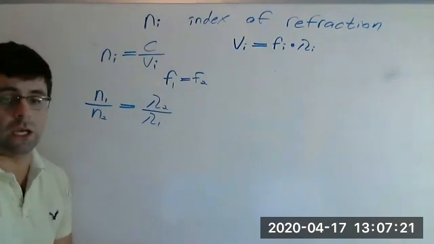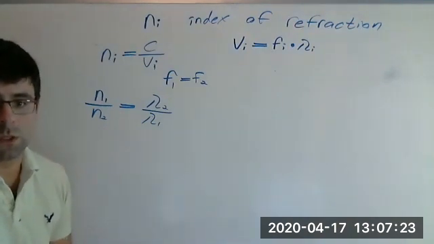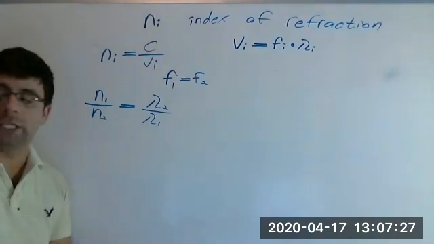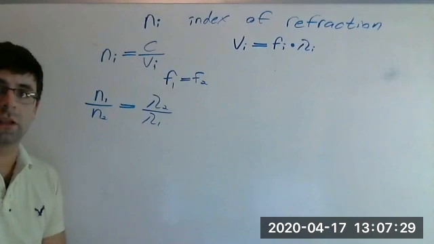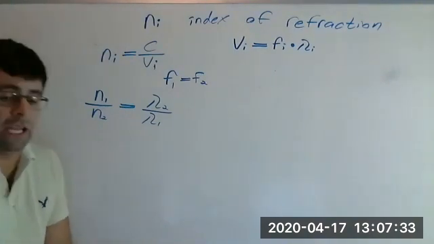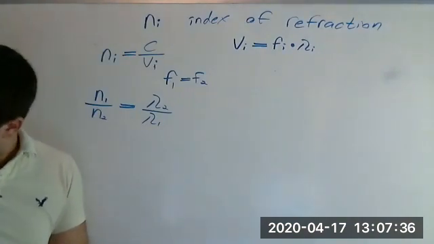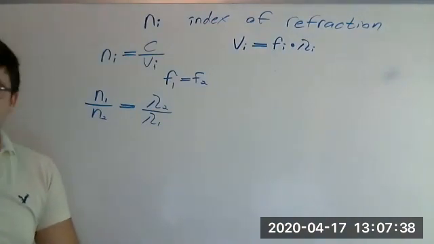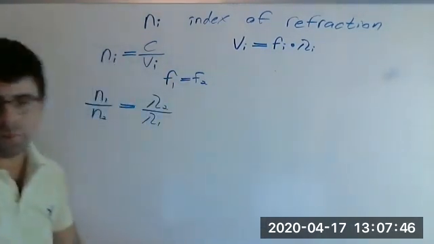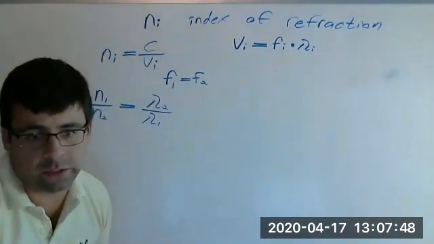So the index is inversely related to the wavelength. A large index means small wavelength and vice versa. So just remember that they are inversely related, not directly related.